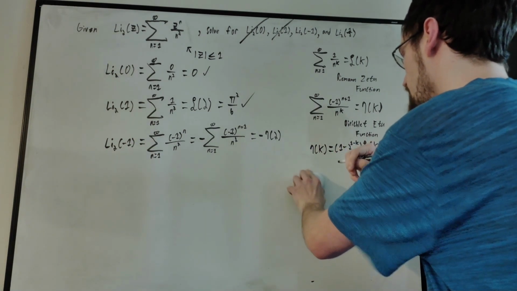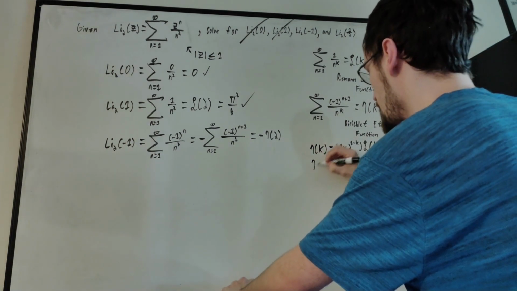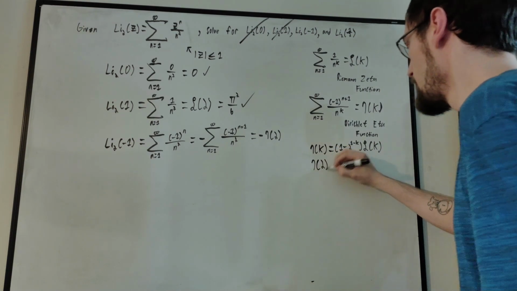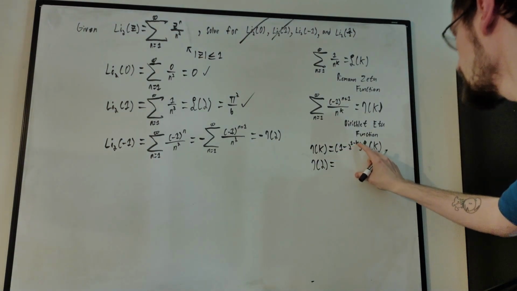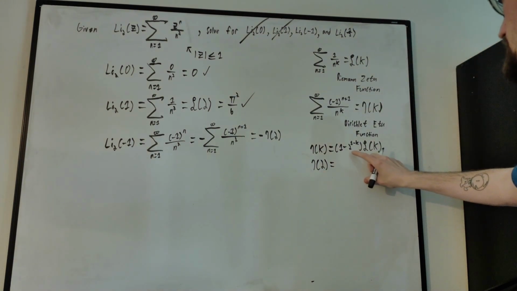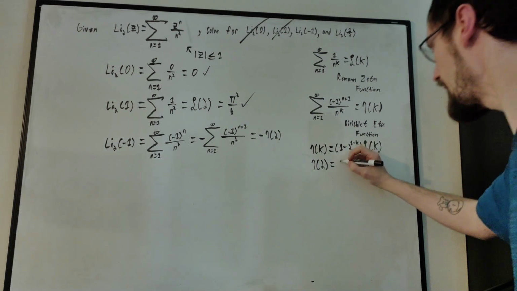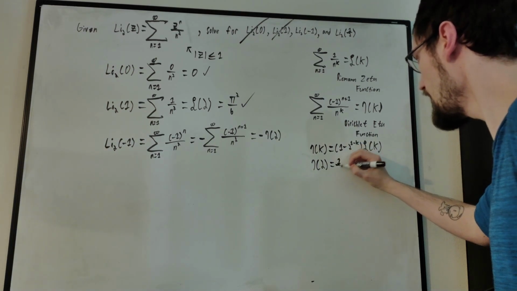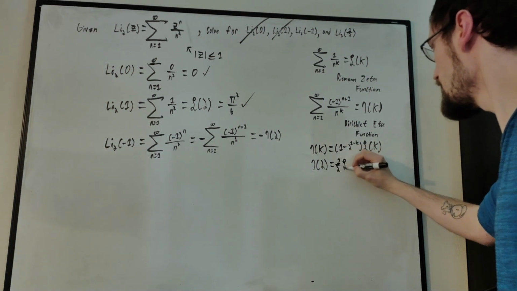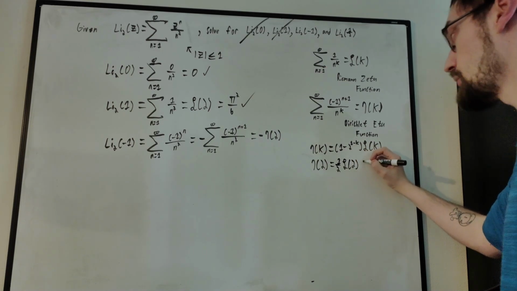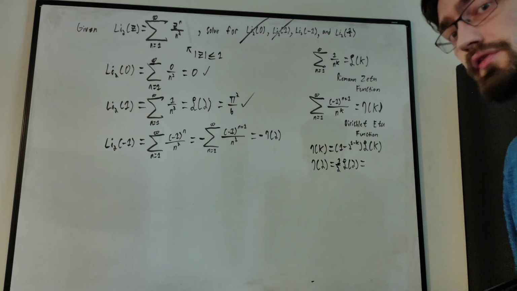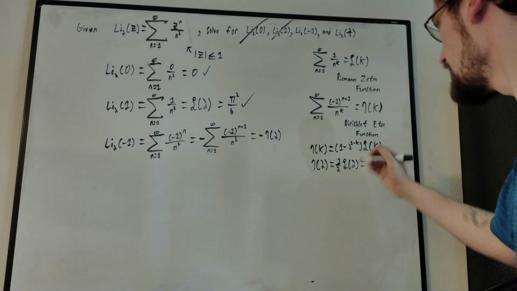But we have the case where we're evaluating this at 2, so let's plug that in. That's an eta, not a j. So we have the eta of 2 is equal to 1 minus 2 to the power of 1 minus 2, but 2 to the negative 1 is 1/2, so 1 minus a half is a half. So we get 1/2 the Riemann zeta function evaluated at 2, and it was just pi squared over 6. Pi squared over 6 times a half is just pi squared over 12.